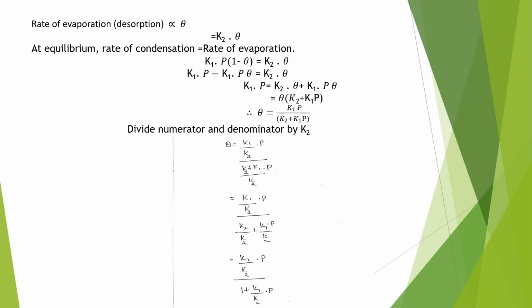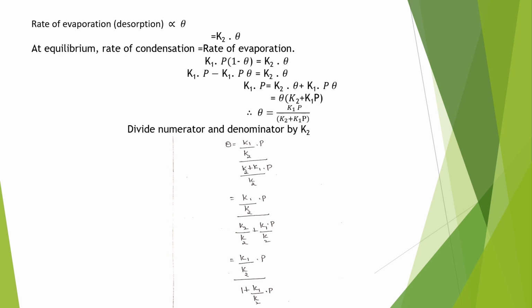It is in the form of A plus B by C, which can be written as A by C plus B by C. So applying that to our equation, we get here K2 by K2 plus K1 by K2 into P. So K2 gets cancelled. So it becomes 1 plus K1 by K2 into P.